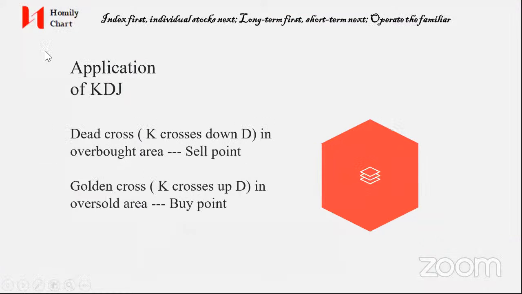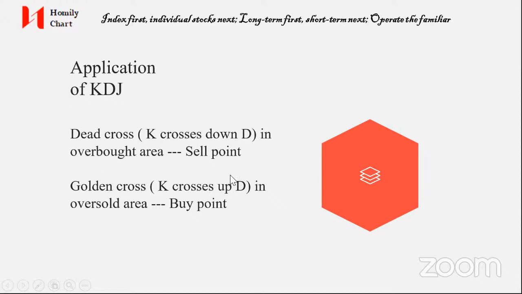Okay, so then we can check the application of KDJ. So KDJ, firstly, we have the dead cross and golden cross, right? So usually when K crosses down D, that's the dead cross. And if the dead cross happens in the overbought area, you sell, then you get a higher success rate.